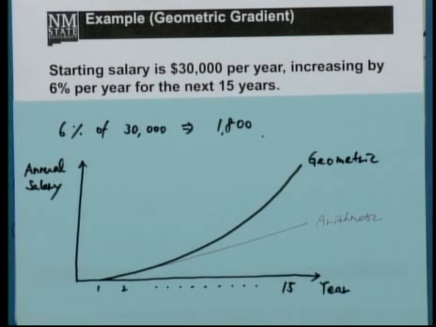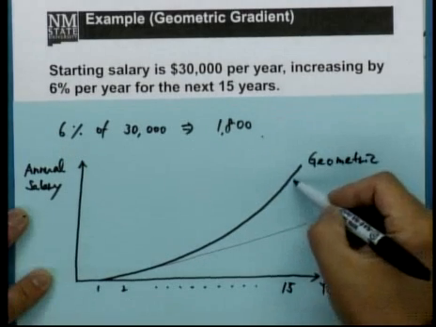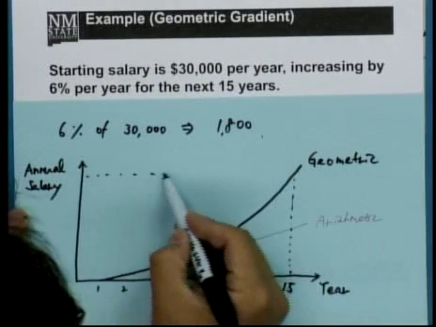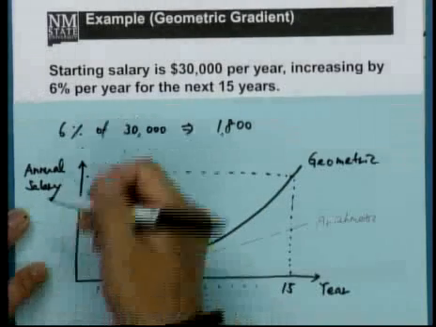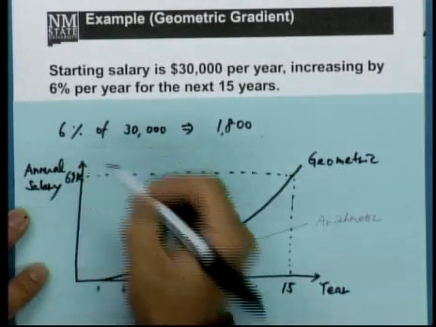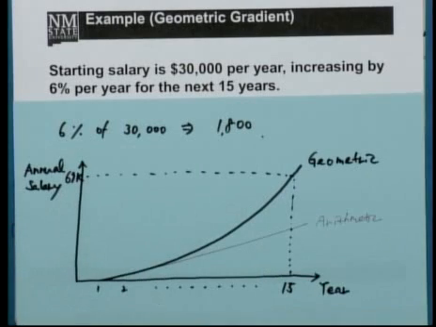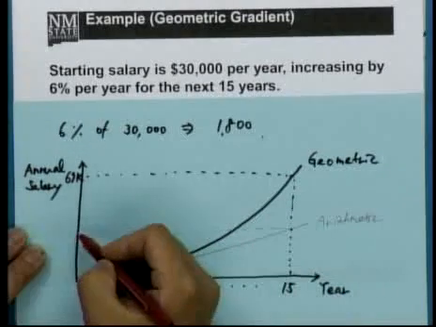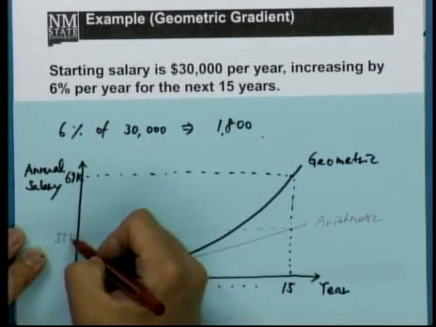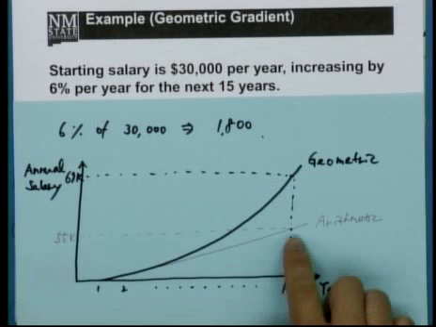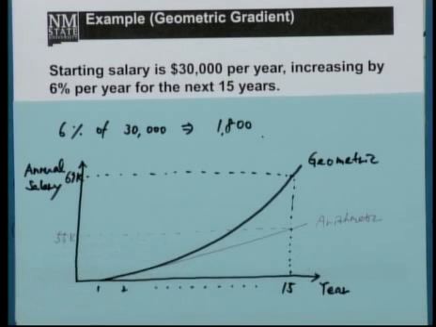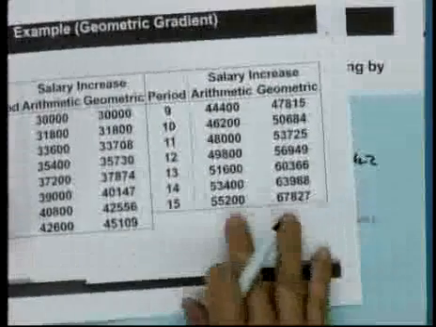So let's say at 15th year, here we have 67K, and let's say here the diagram is not that accurate, but after 15th year, according to the arithmetic series, it's going to be $55,200, right, based on these two values.